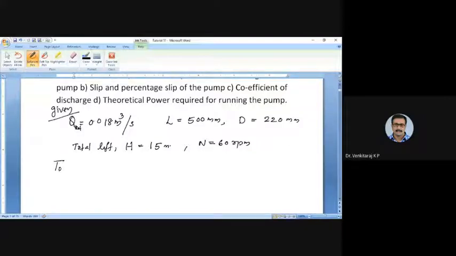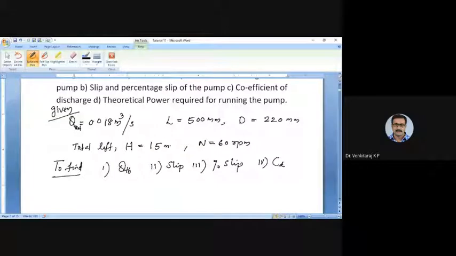Now the question is to find first one theoretical discharge. Actual discharge value is given, so theoretical discharge you have to find. Then slip, then percentage slip, then coefficient of discharge Cd.